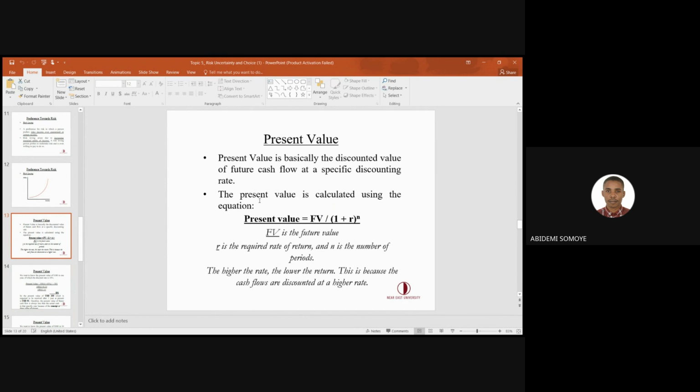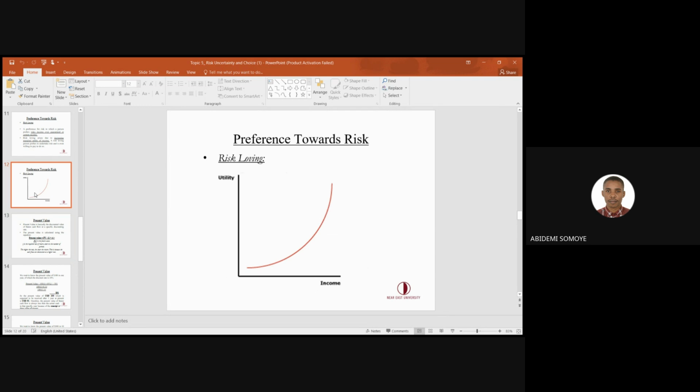Can you also still remember when we did present value, future value, and net present value? Yes. Okay. So let me ask, what is the formula for the present value?